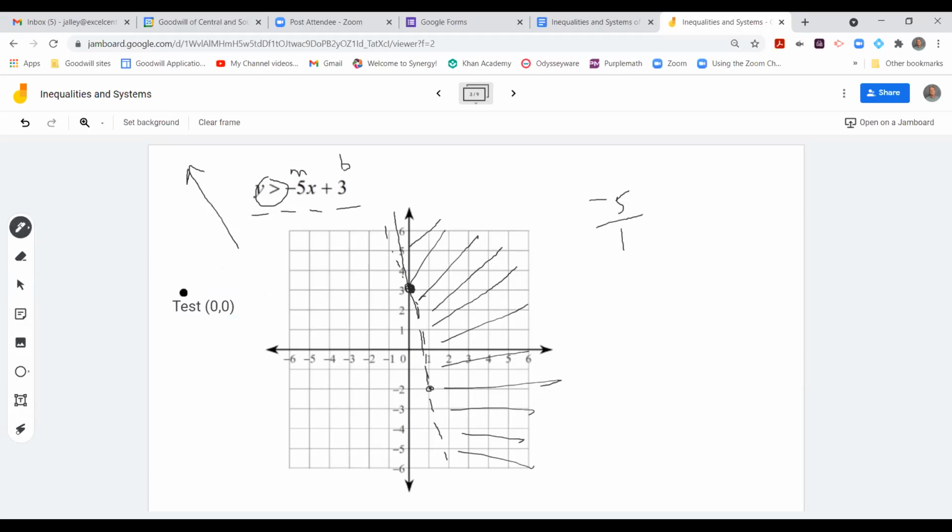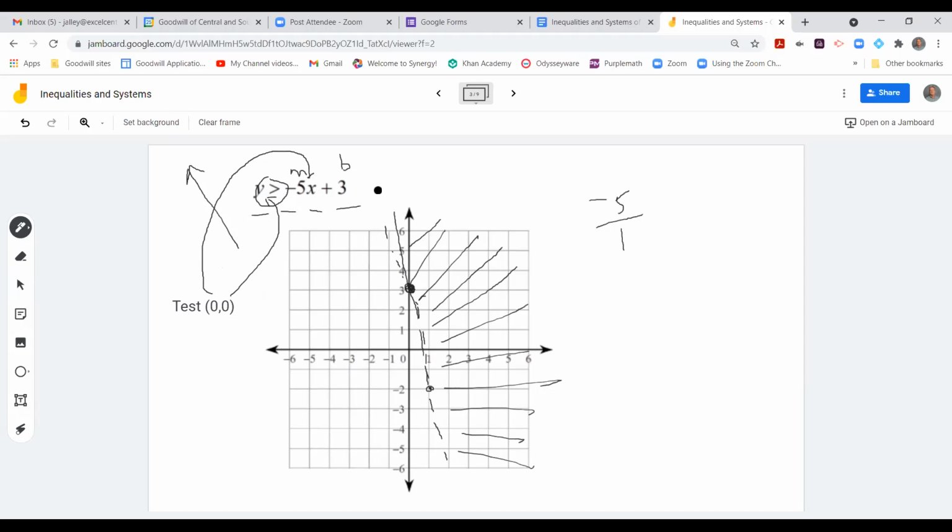Just like I did on the slideshow, I can substitute 0 for x, the other 0 for y. So negative 5 times 0 here is going to give me 0. So is 0 greater than 3? No. Nope.